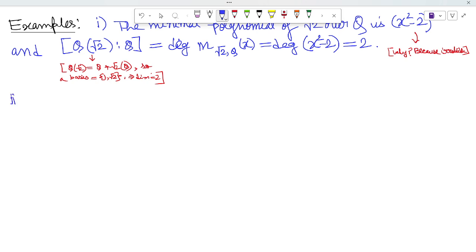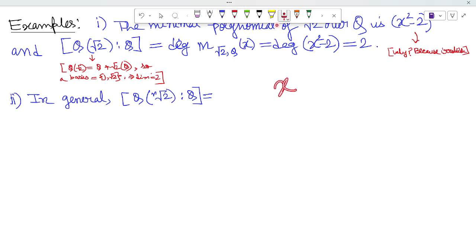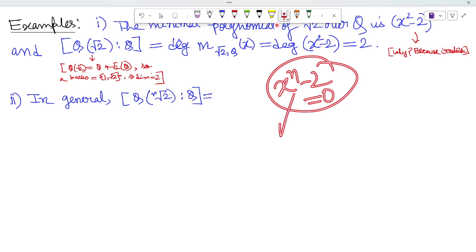In general, what is the nth root of 2 over Q? See, the nth root of 2 satisfies this equation in Q. So it is irreducible by Eisenstein.